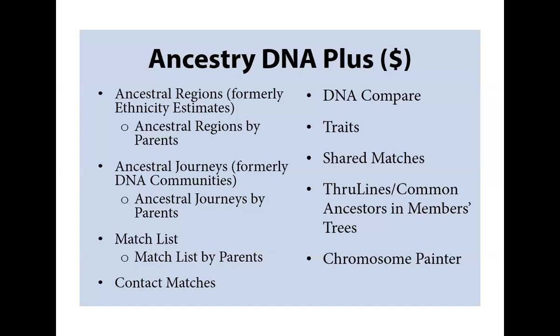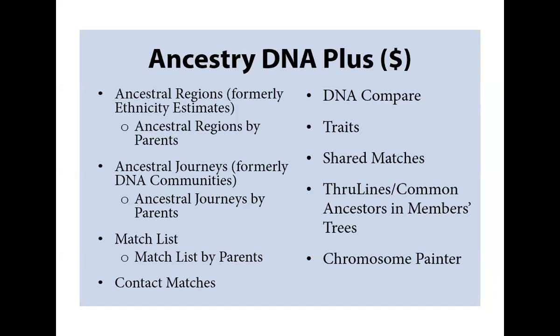So they may give you a parent one and parent two, and you may be able to figure out, based on your parents' ancestry, which one corresponds to which. You also can see how your matches differ by parents. You also have different tools which include unlimited traits and shared matches.